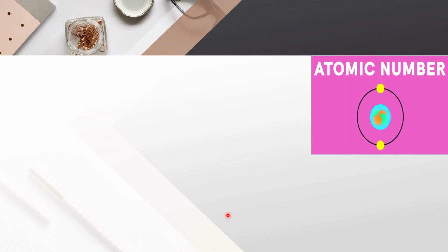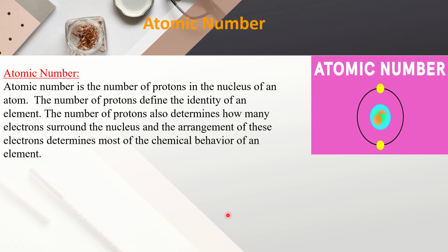Now, atomic number. All these things you had learned in standard 8. Just one time we will review it. Atomic number, you all know that this is the proton number of an atom. The number of protons inside an atom is called its atomic number, and proton number or atomic number is the identity of an atom.